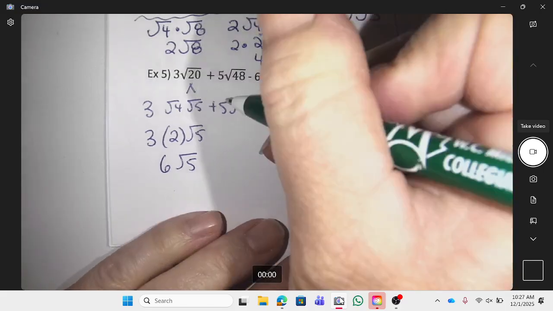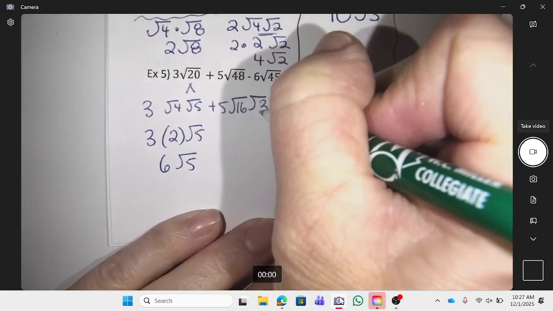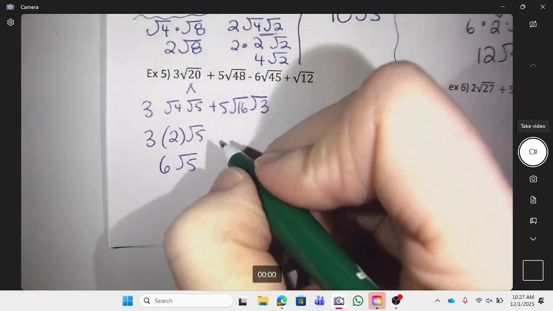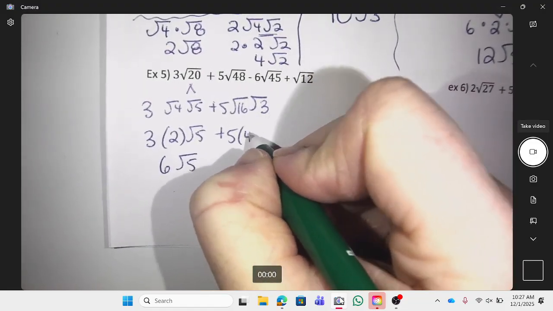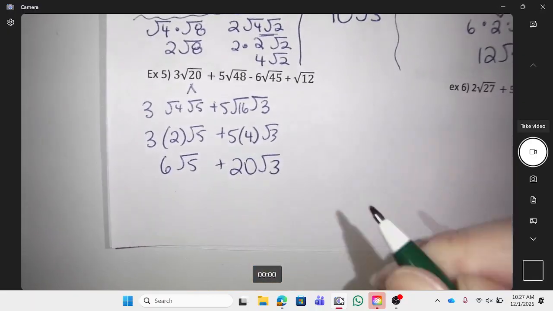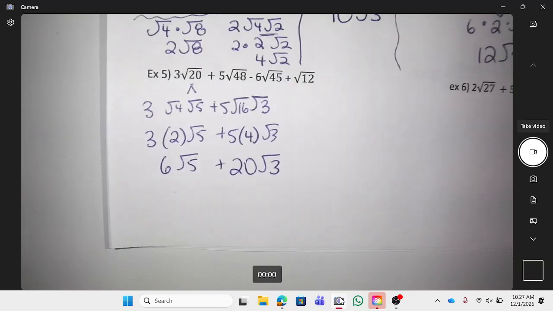So 16 times 3 is 48. Okay, 20 root 3, check.